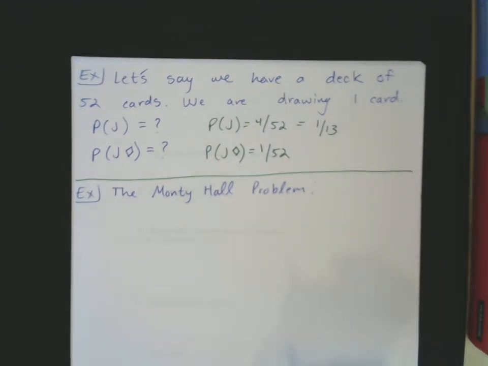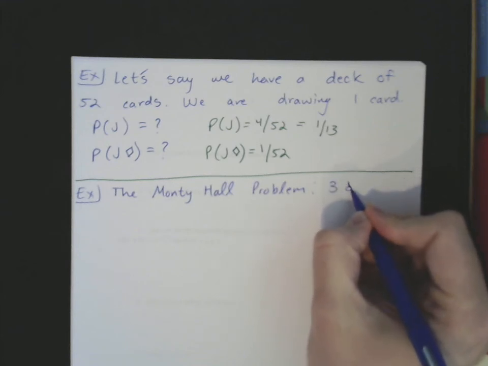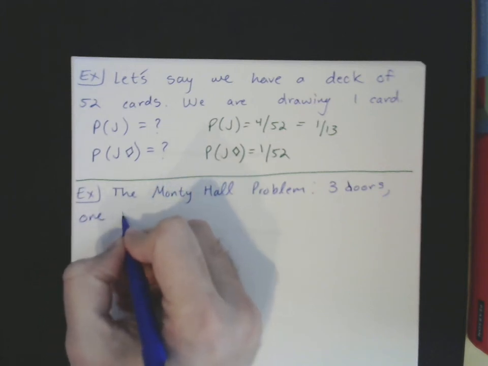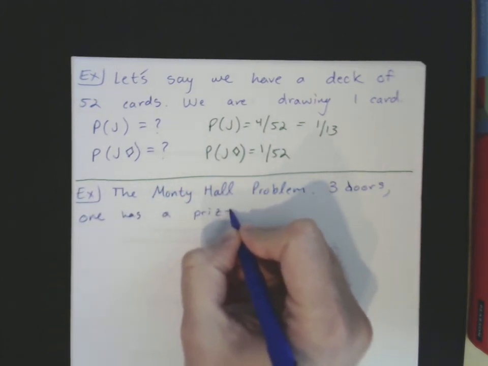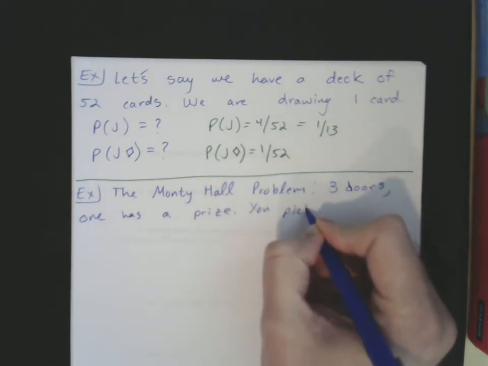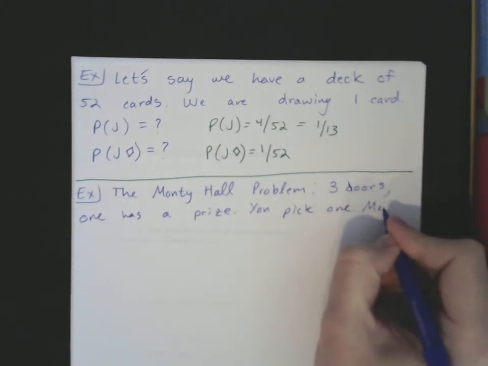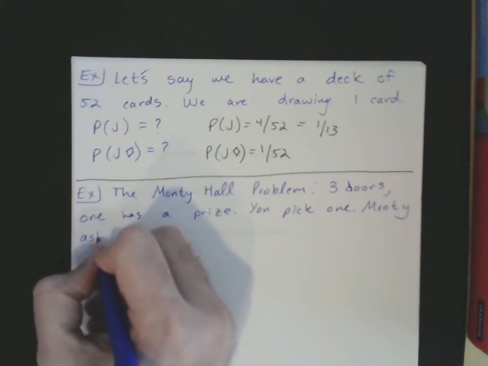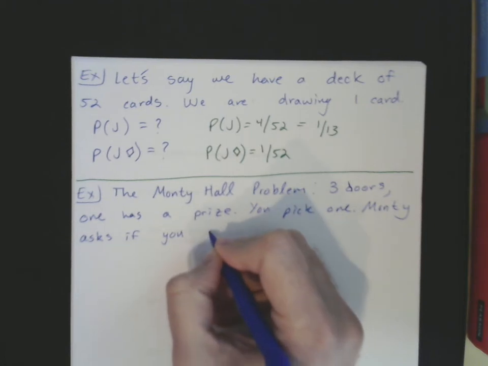So, on the Monty Hall show, the contestants were given 3 doors, and one has a prize. And you get to pick 1 door. And if you've ever seen the show, oftentimes Monty Hall would ask, do you want to switch after you've decided? If you want to switch.